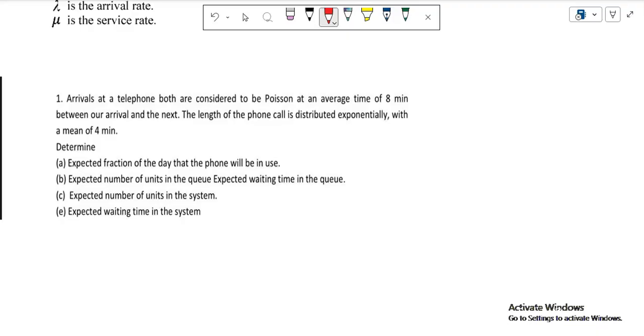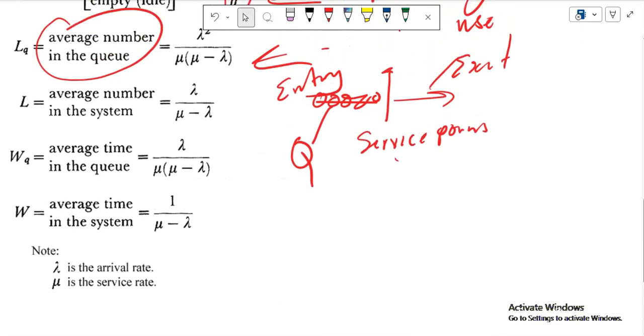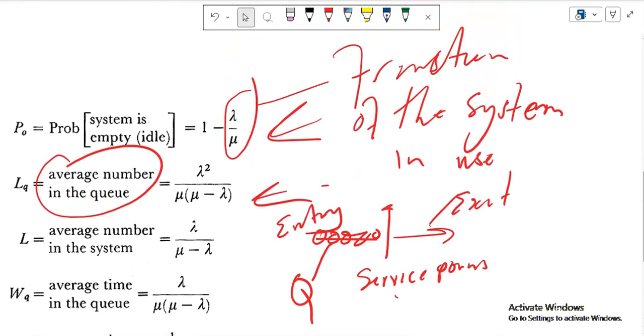All right, so we start with the first one, expected fraction of the day that the phone will be in use. So now we want the fraction of the day where the system is in use, or the phone in this case, which is the server, is in use. Now we go back to our formulas. The first formula, remember, gave us the probability of idle, right?